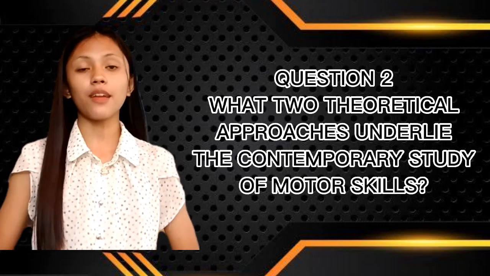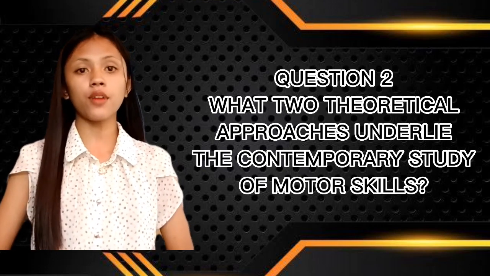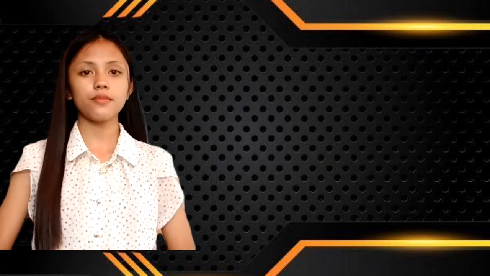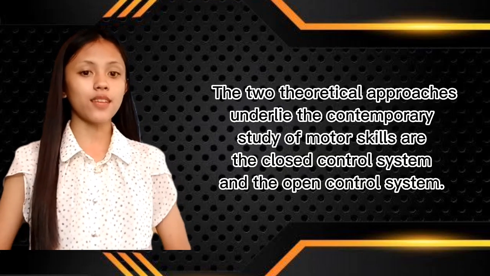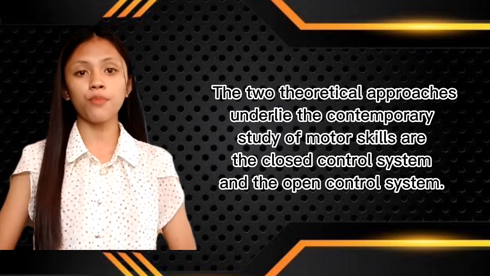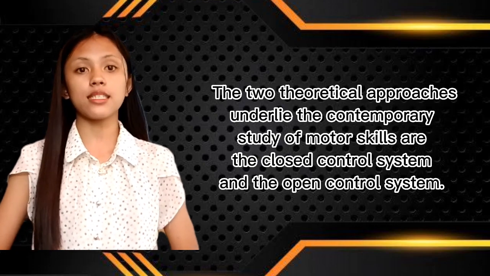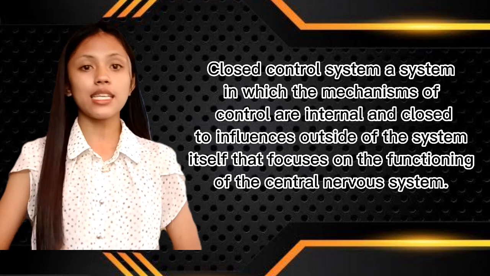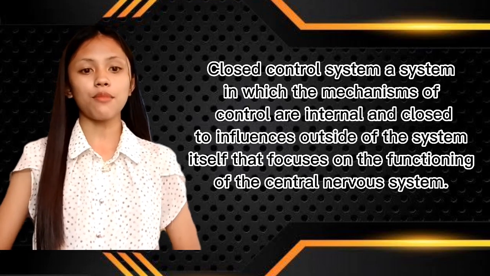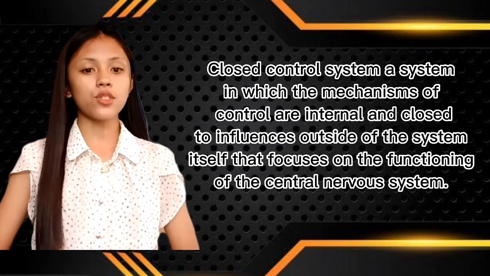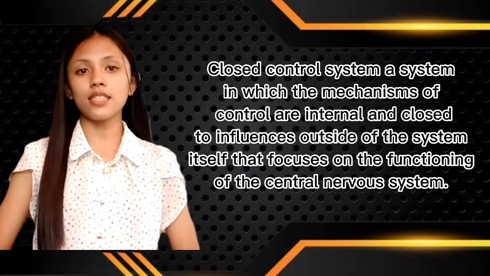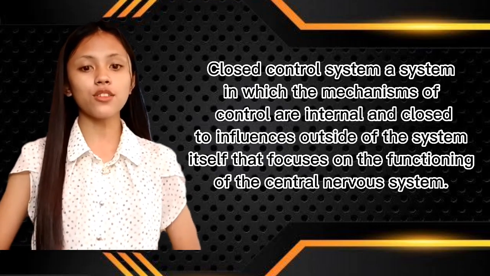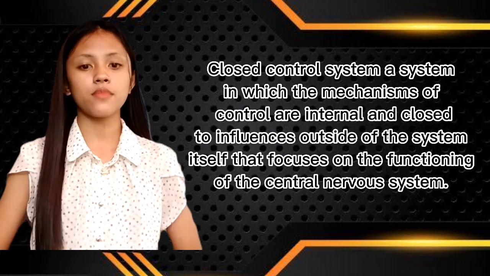Question number 2. What 2 theoretical approaches underlie the contemporary study of motor skills? The 2 theoretical approaches that underlie the contemporary study of motor skills are the closed-controlled system and the open-controlled system. A closed-controlled system is a system in which the mechanisms of control are internal and closed to influences outside of the system itself, focusing on the functioning of the central nervous system.